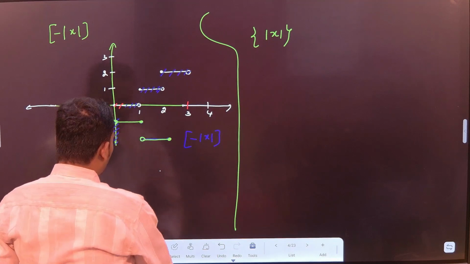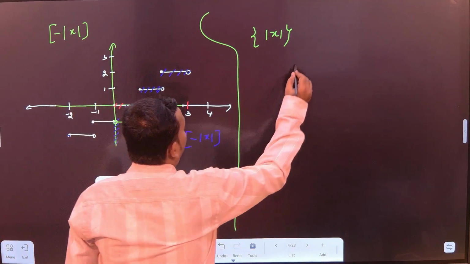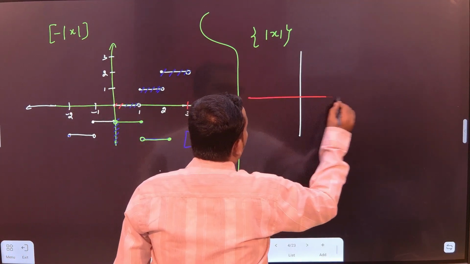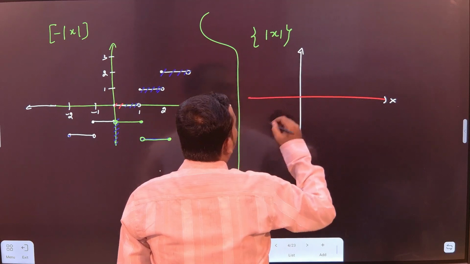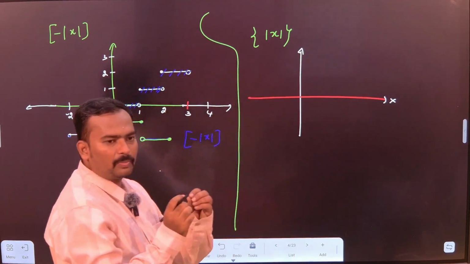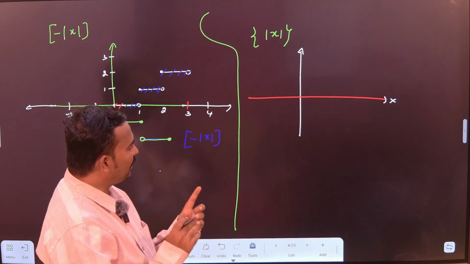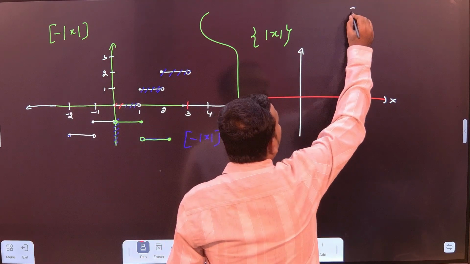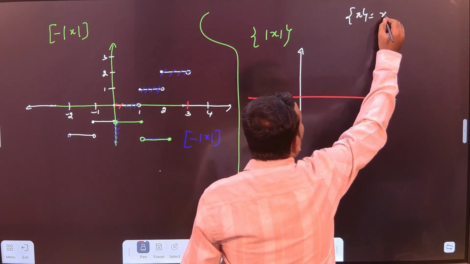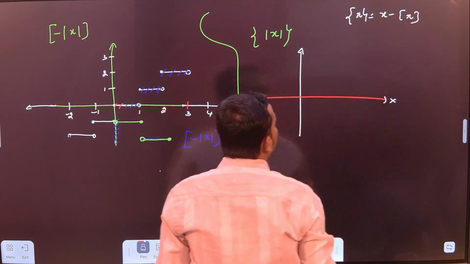So first you can draw the graph of this. You know how to draw the graph of the fractional part function. The fractional part function range is 0 to 1 only. How do you define the fractional part function? X minus the greatest integer function, right?